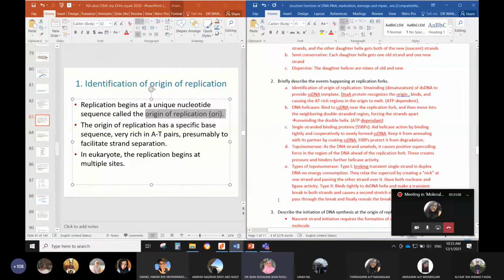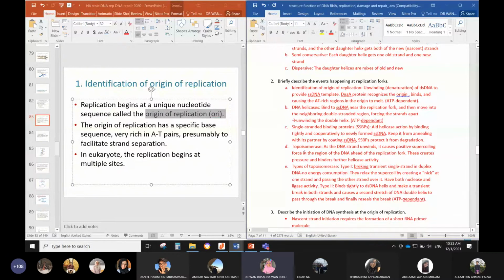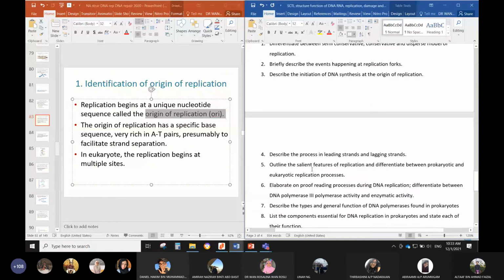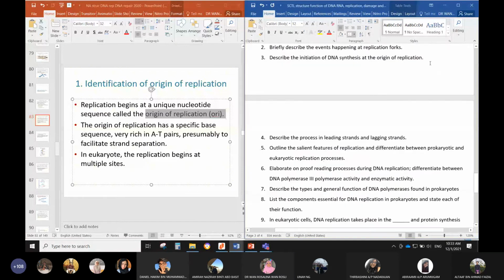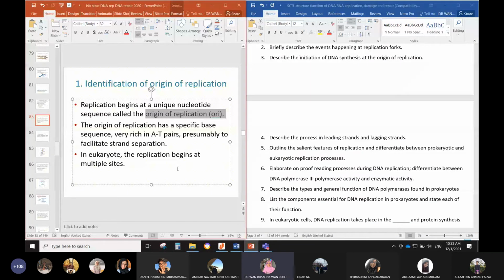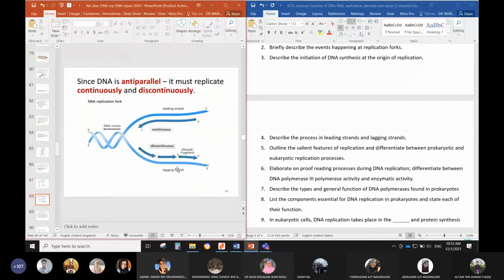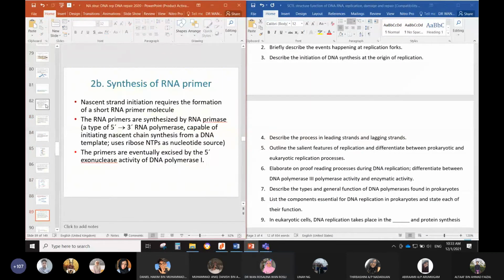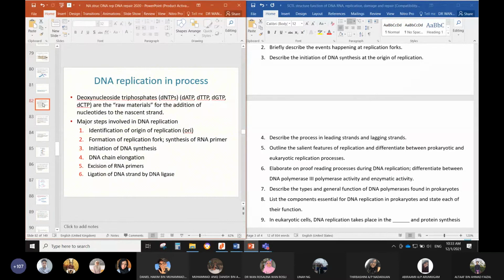Okay, next question. Describe the initiation of DNA synthesis. So what happens during DNA synthesis? Anyone? DNA synthesis is also DNA replication. Anyone?